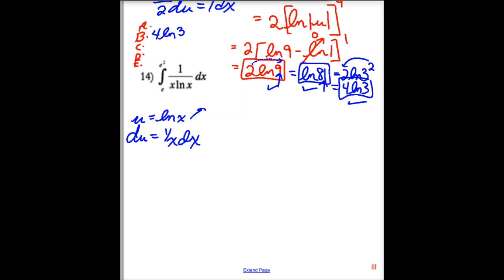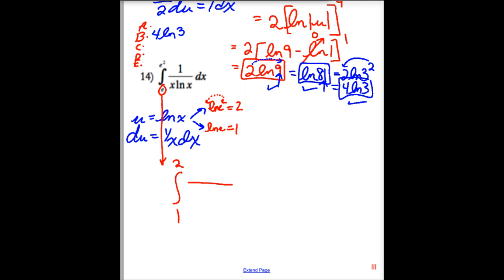However, I'm going to do a limit change here because my limits are for x. So when I do ln e, natural log of e is 1. When I do ln e squared, the ln cancels out the e, or you can think of it as 2 ln e, but I get a 2.